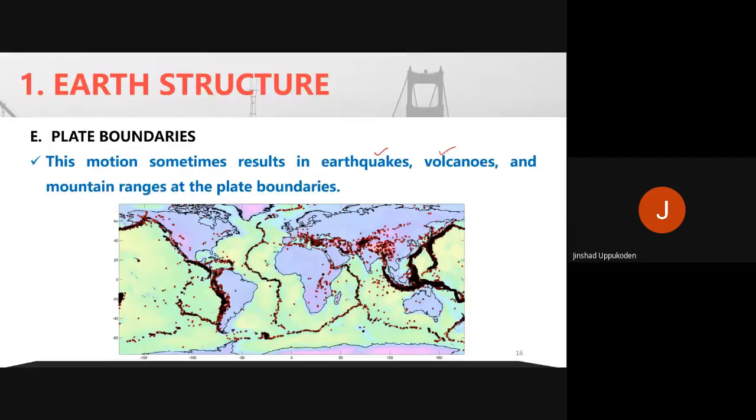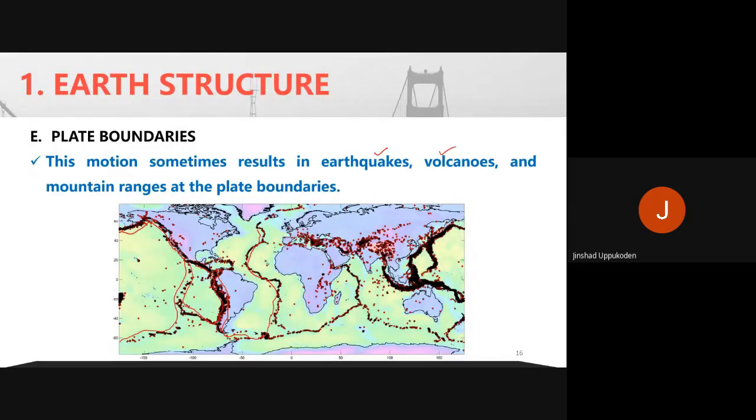So you see, there is a volcano or an earthquake along these spots here, which indicate both volcanoes as well as earthquakes. We came to know the plate boundaries by looking at these earthquakes and volcanoes.